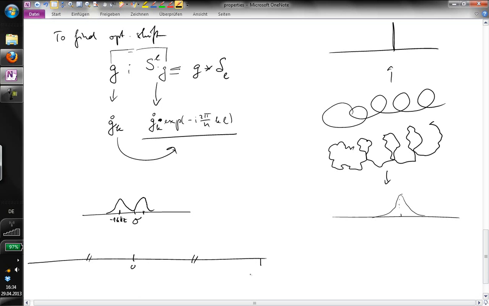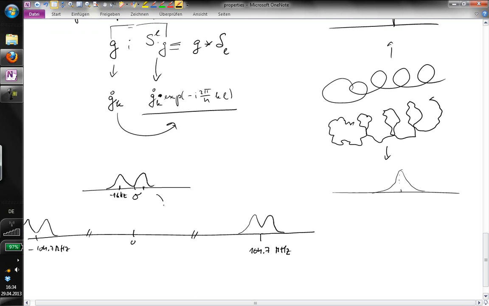So let's say this is 104.7 or whatever your favorite radio station is. And you now have the spectral density here. And you have it again somewhere there.